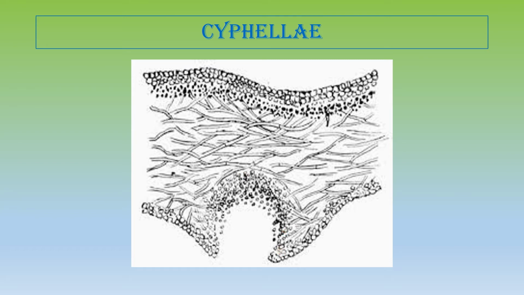This is the basic difference between cyphellae and pseudocyphellae, but they have a similar function, that is they help in gaseous exchange, but structurally they differ only in the inner lining of the breathing pore.